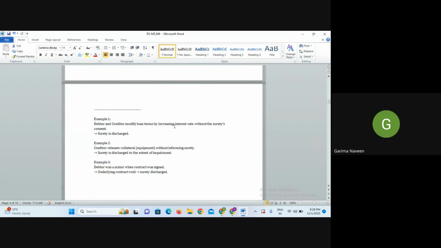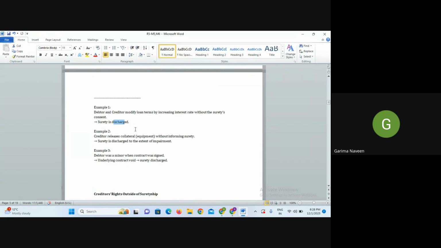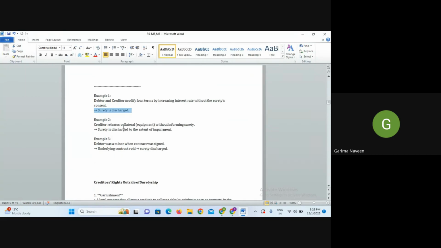Here the surety is discharged, because the surety was not informed about the modification. Next example is that the creditor releases collateral without informing the surety.